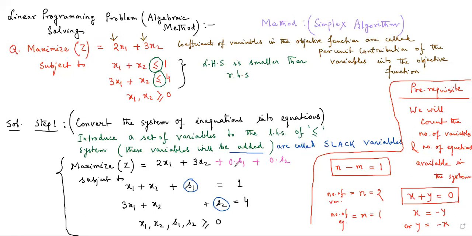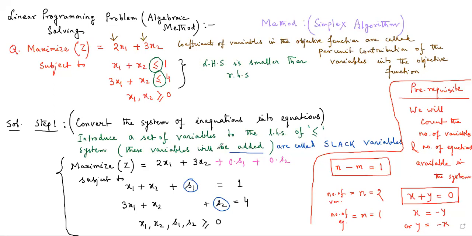When a variable is introduced into the objective function, it should be associated with its per unit contribution, just like x1 has per unit contribution 2 and x2 has per unit contribution 3. In a similar manner, s1 must have some per unit contribution and s2 must have some per unit contribution.